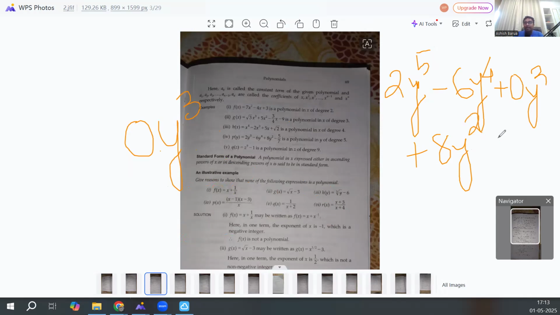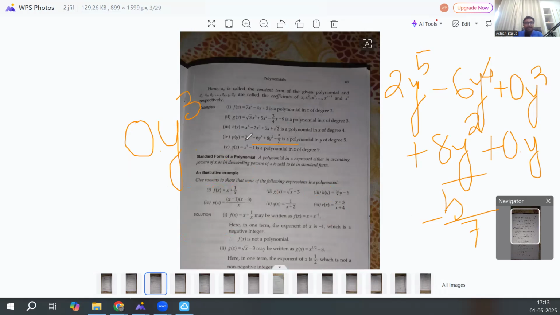Then y is not available here, so it is 0 into y, plus the constant term, which is not plus but minus 5 upon 7.